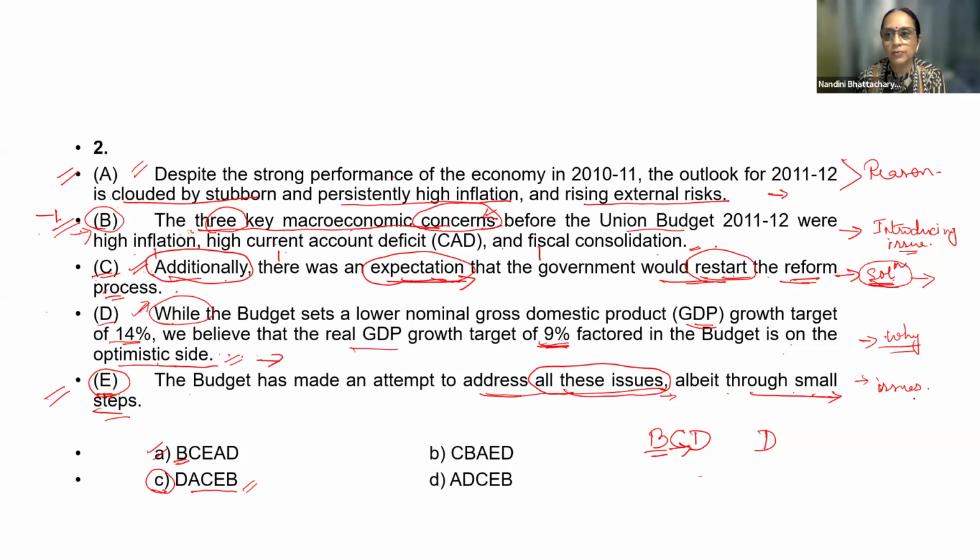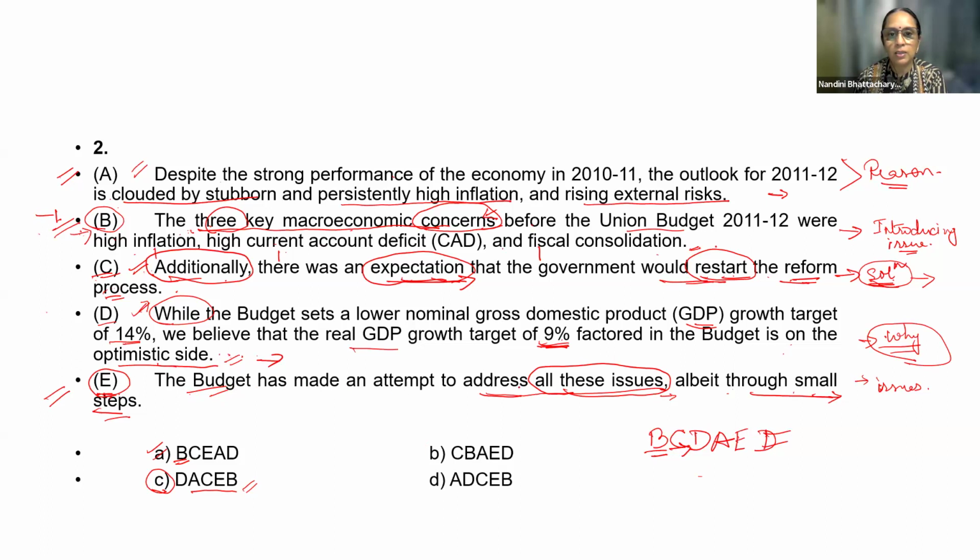So from here we have to go into the why. Does A give us the why? Yeah, we said A is a reason for something. So A would give us the why. Now what is left? E is left. So that is a concluding statement.